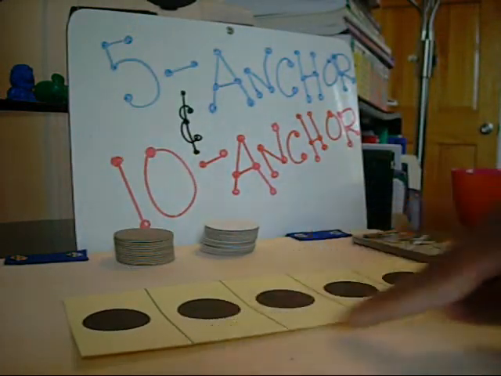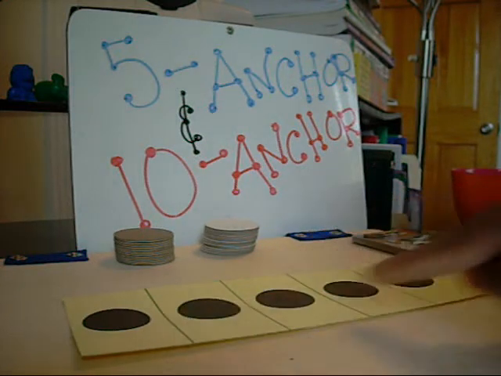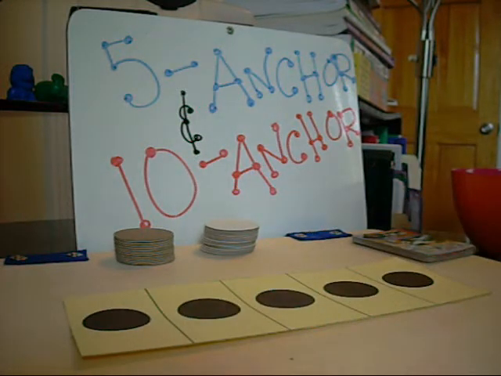So we have a filled out 5 frame here, and what we want kids to do is think in terms of anchors of 5. So when they see a number that's larger than 5, we want them to think, you know what, that's 5 and then some more. So for the example 6, we want them to think that it's 5 and 1 more is 6. Or the number 8, 5 and 3 more is 8.